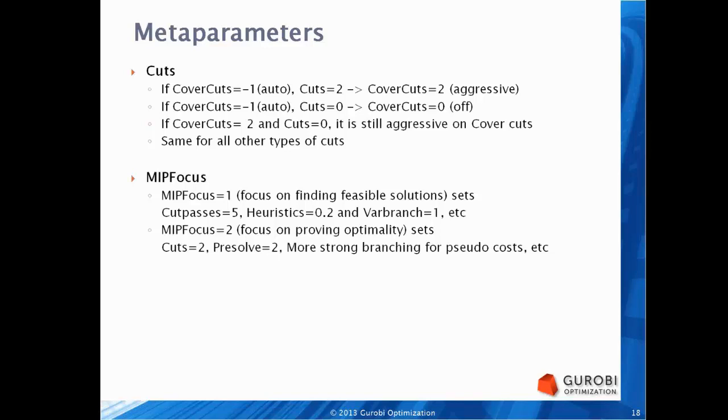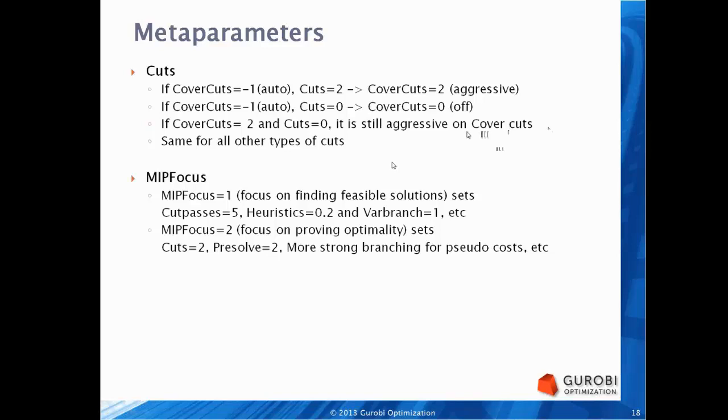It will be aggressive on all cuts, and set it to 0, it will turn off all the cuts. But be careful. If one cut is not at its default auto setting, for example, cover cuts is set to 2, it's not the default value, and you set Cuts equal to 0, it will only turn off the cuts with the default value, but it still will be aggressive on cover cuts.